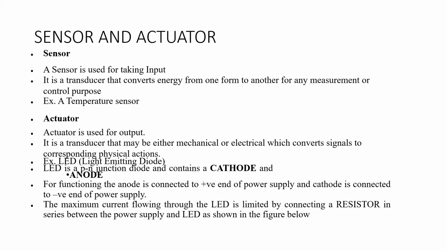Nowadays there is a thermometer; before, we used to keep it under the tongue and look at the line to identify the temperature. Nowadays there are battery-operated temperature sensors. When you keep it under the tongue, after it reaches the maximum temperature of your body, it will start giving you a sound.